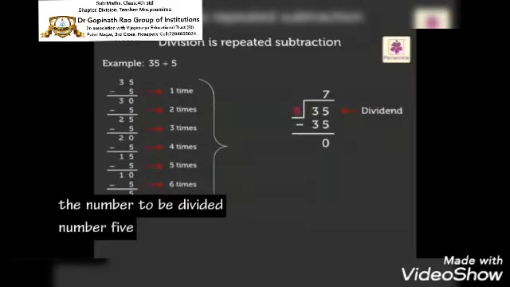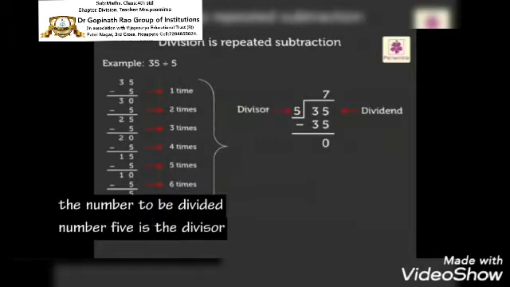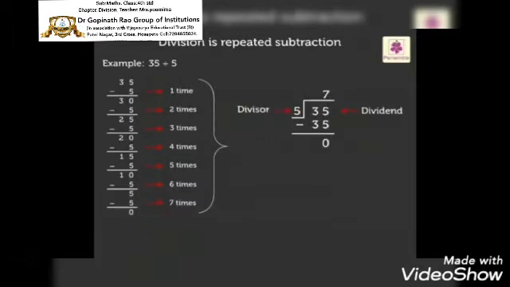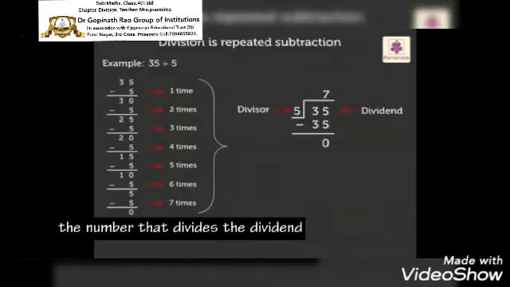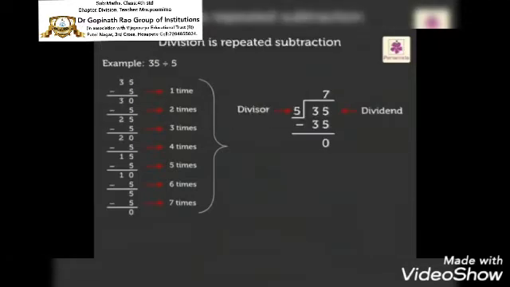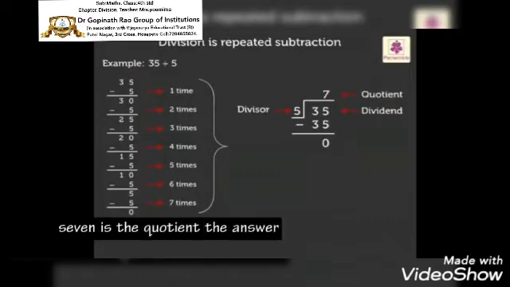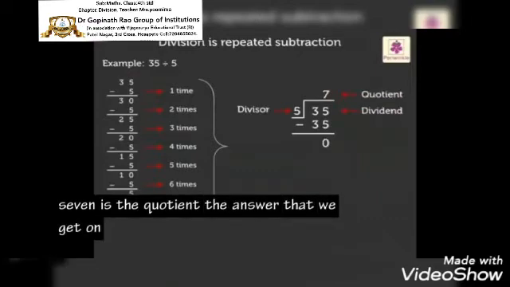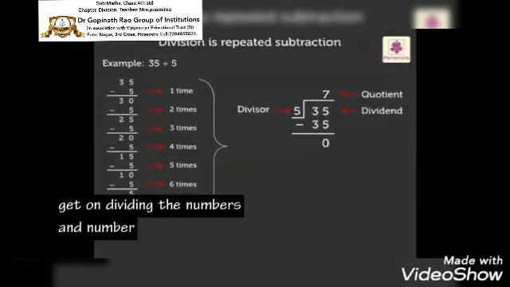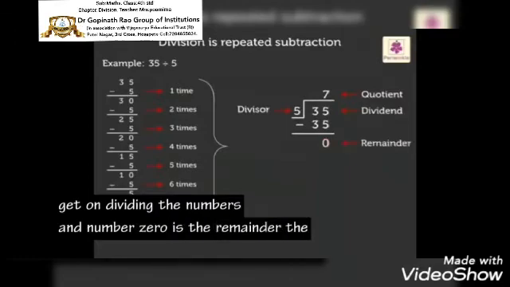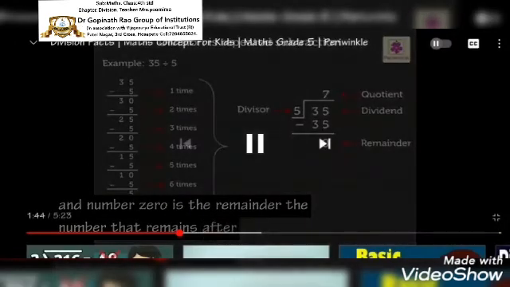Number 5 is the divisor, the number that divides the dividend. Number 7 is the quotient, the answer that we get on dividing the numbers. And number 0 is the remainder, the number that remains after dividing.